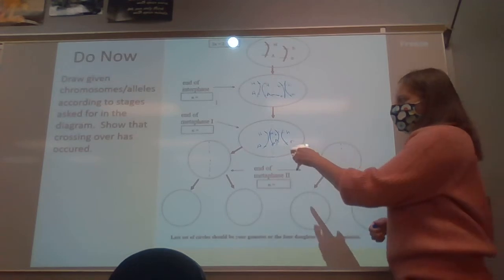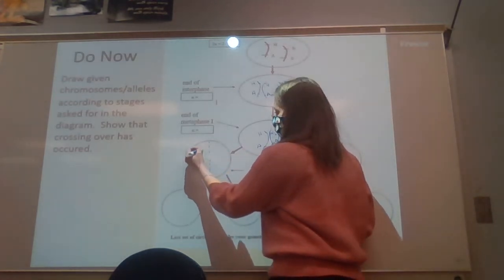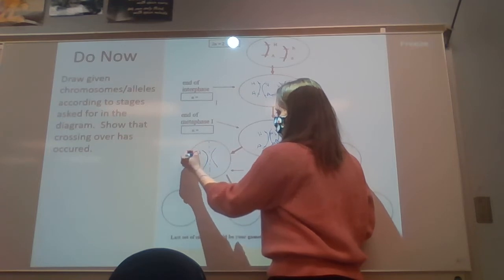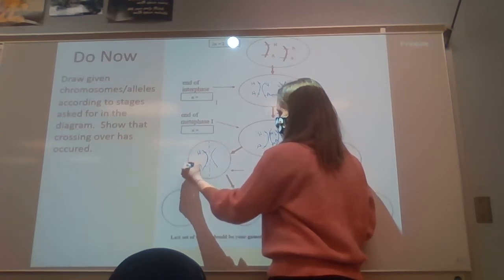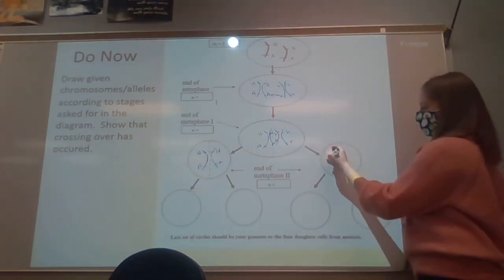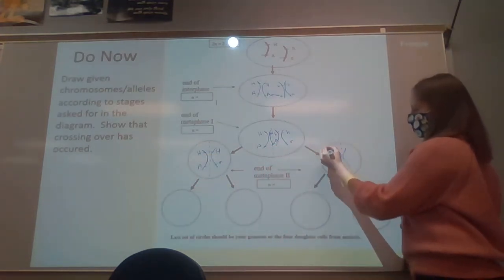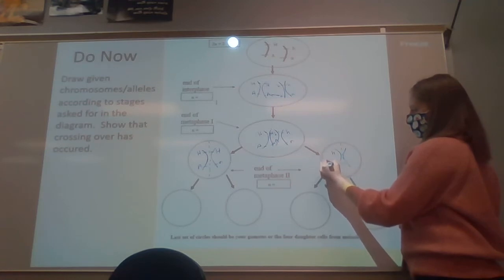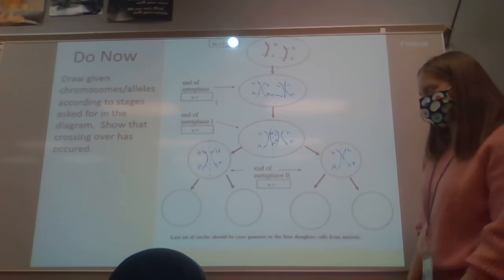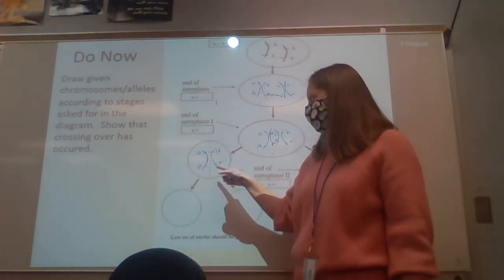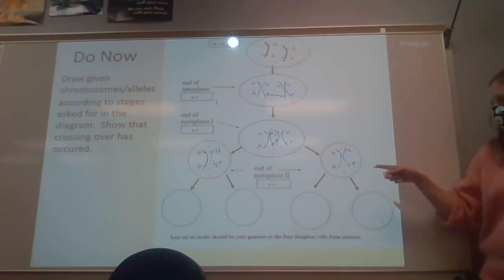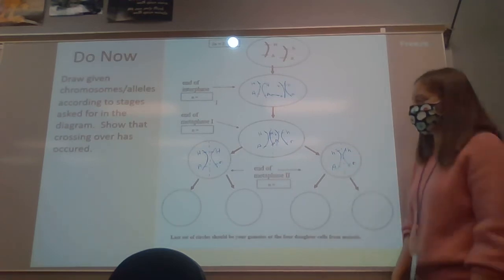At this point, we only have one chromosome in each cell, so one sister chromatid is going to be on one side, one sister chromatid is going to be on the other side. So this chromatid is going to end up in a cell. This chromatid is going to end up in a cell. This chromatid is going to end up in a cell. That chromatid is going to end up in a cell.